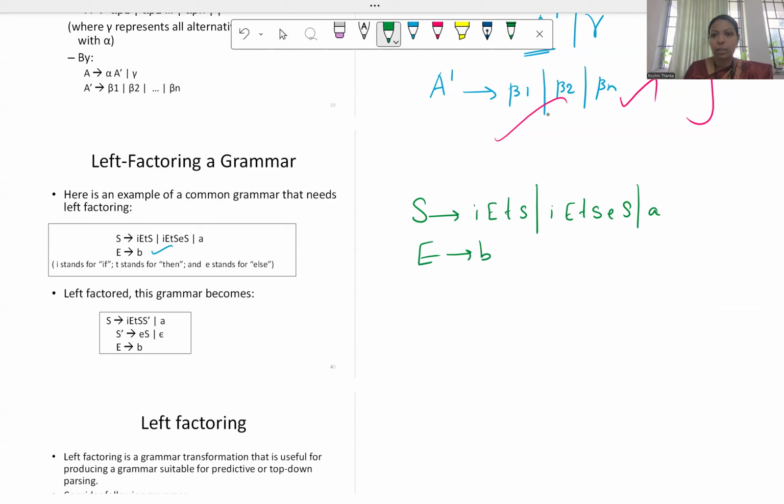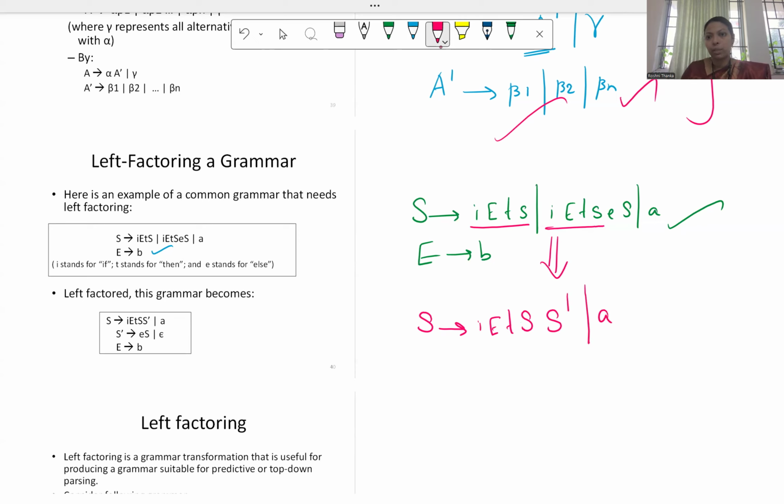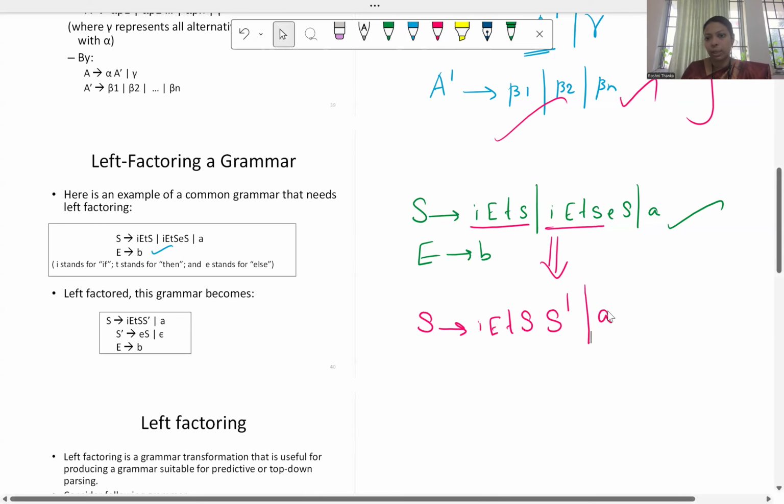If you look at these productions, you can see this part is common and this is also common. So here we have a left factoring, and we have to change it. How will I do it? S goes to: write all the common terms, and then introduce a new symbol. And the remaining part, which does not have a common term, is also written here.